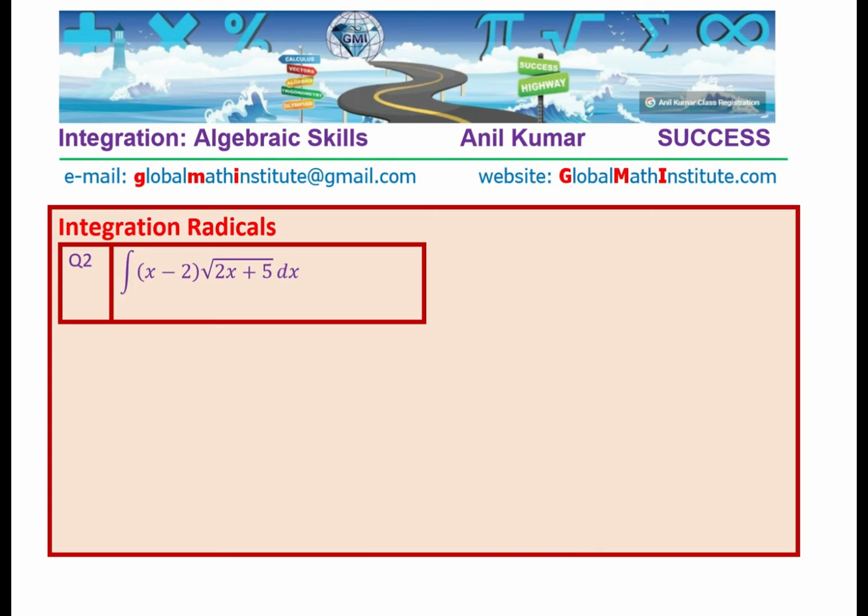Now you have learned the technique. I'd like you to apply this technique on the second question, which is slightly difficult. The whole idea here is to write x minus 2 as something, right, times 2x plus 5 and something plus b, right? Then you can easily use the power rule and solve the question.